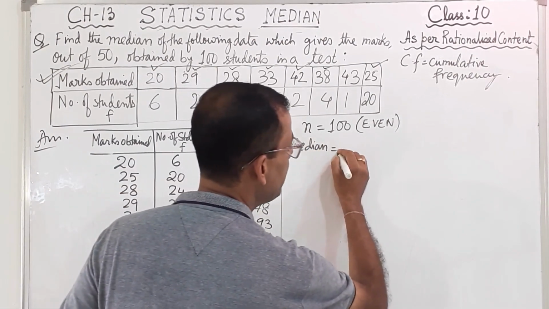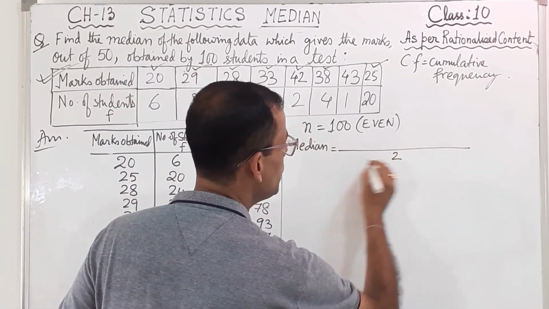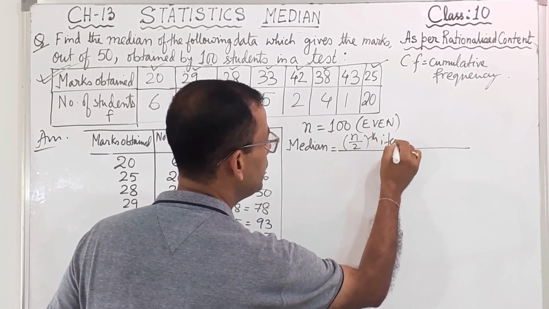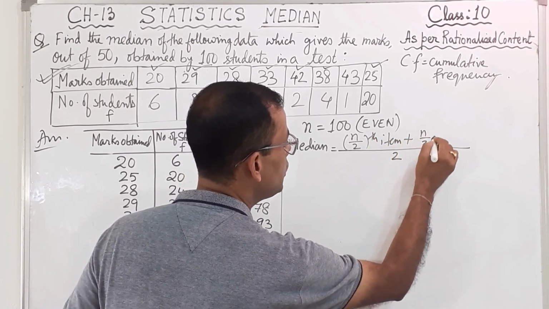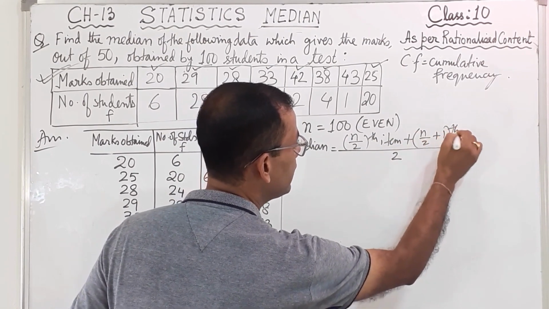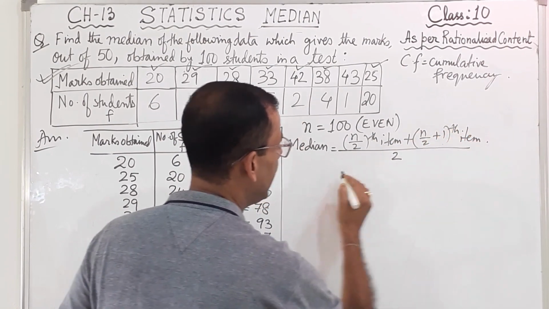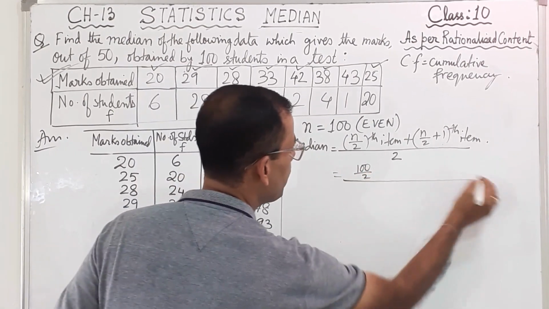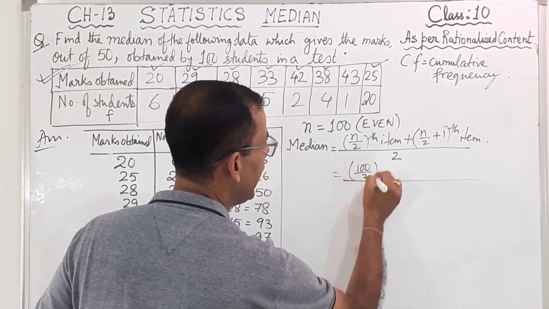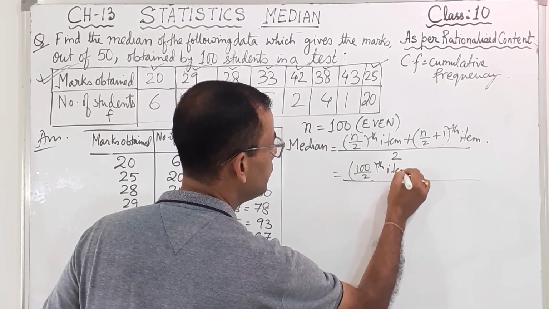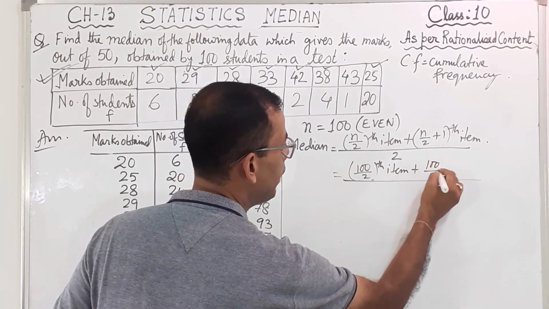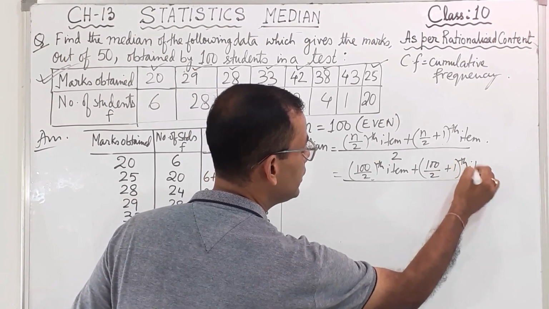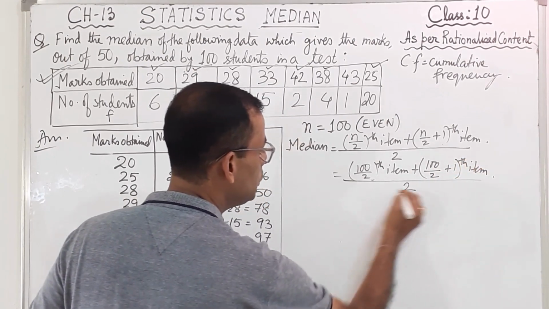So what will it be? We will draw it this way. Median equals n by 2 th item plus n by 2 plus 1 th item, divided by 2. Now n is how much? 100. So 100 by 2 th item plus 100 by 2 plus 1 th item, by 2.